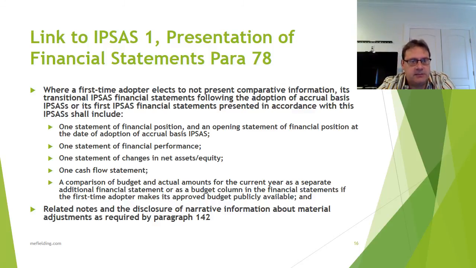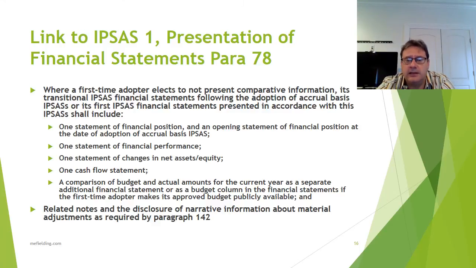All that this is setting out for you is the minimum amount which should go into that set of accounts. So there should be effectively a balance sheet, profit and loss account, changes in net assets or equity. Presumably you're going to call that your surplus deficit accounts, the equivalent of your capital section. Then you've got your cash flows, and then notice this one here as well, which you don't get in commercial organisations: the comparison of budget and actual amounts for the current year as a separate additional financial statement.